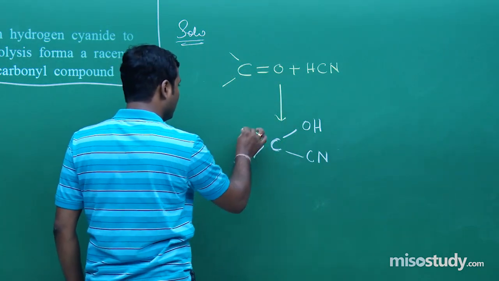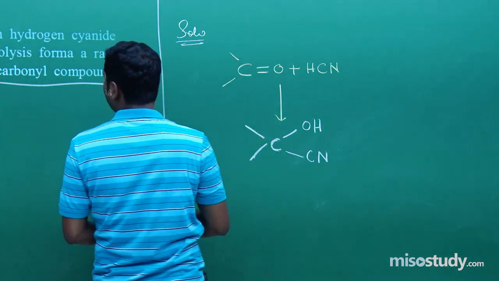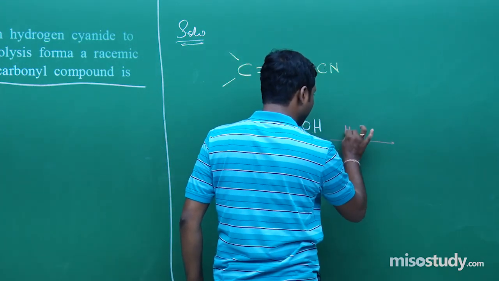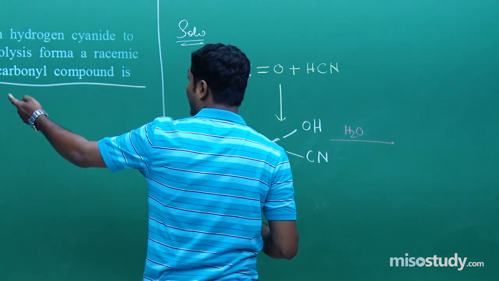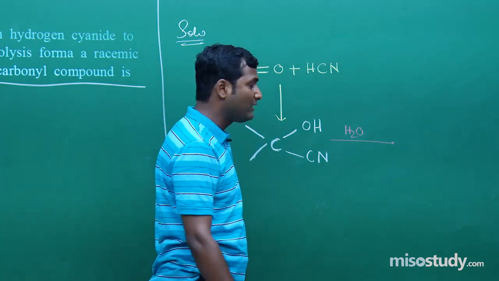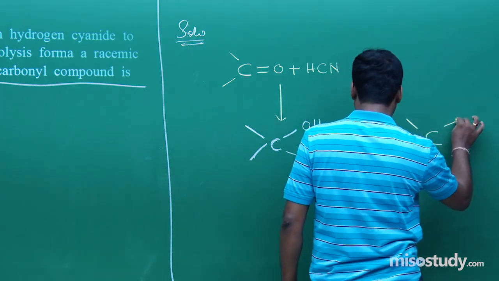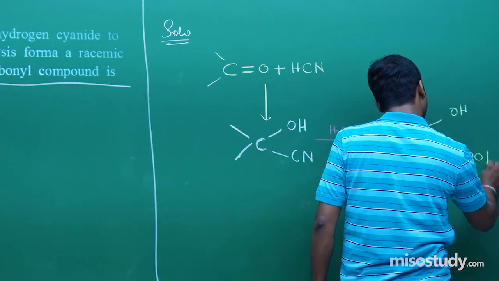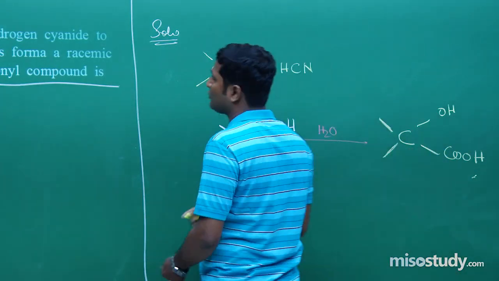Clear to you? OH and CN. Now on further hydrolysis, there are two situations. Complete hydrolysis gives alpha hydroxy acid, partial hydrolysis gives you amide. So the product here is C, OH, then C double bond OH, alpha hydroxy acid. Clear? Now read the second part.